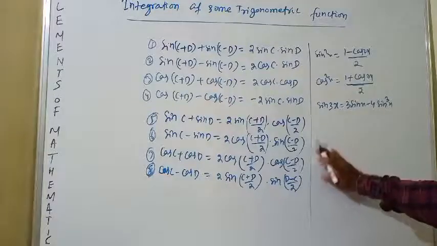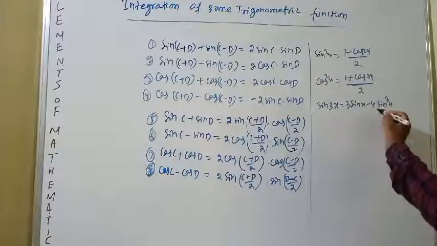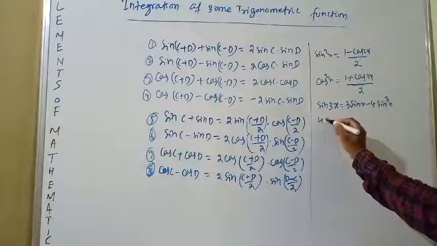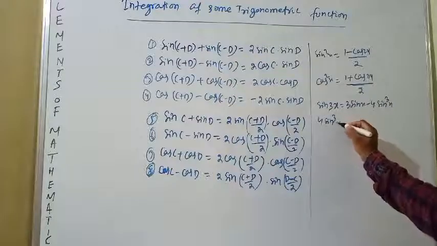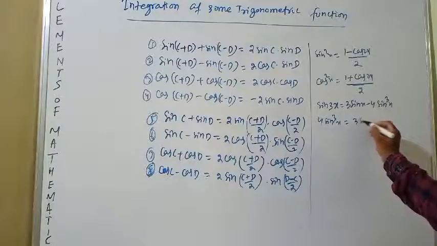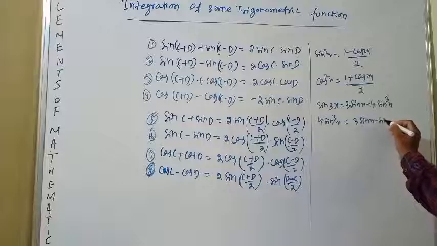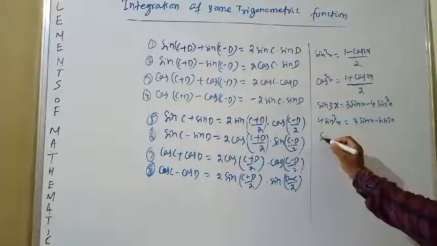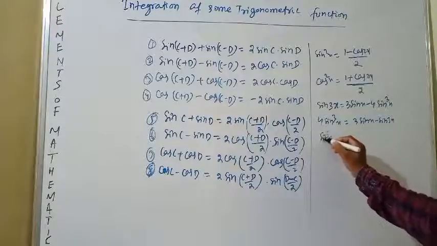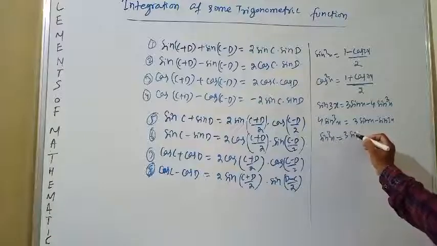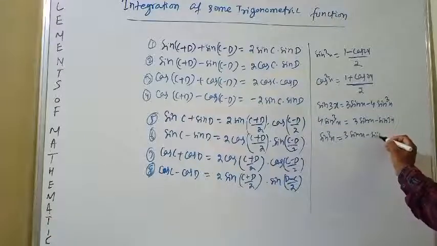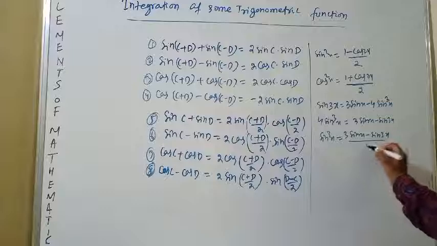Here we calculate sin cubed x. 4 sin cubed x is equal to 3 sin x minus sin 3x. So sin cubed x is equal to (3 sin x minus sin 3x) by 4.